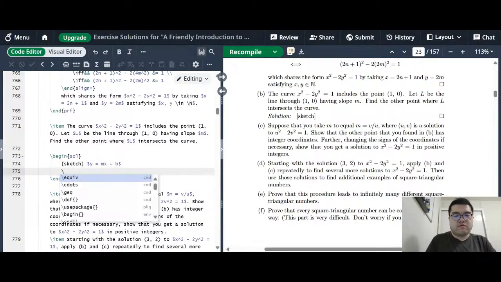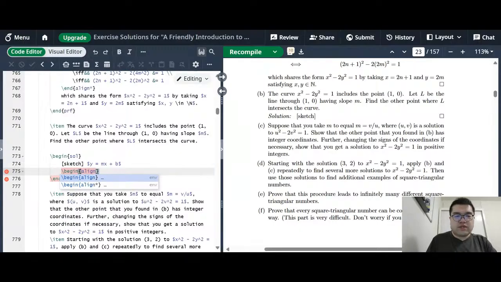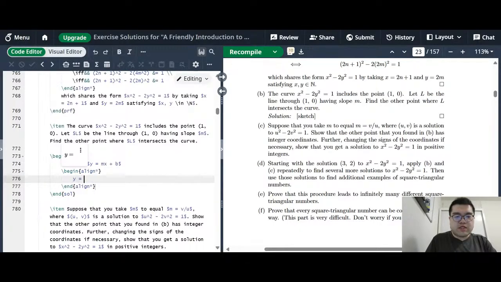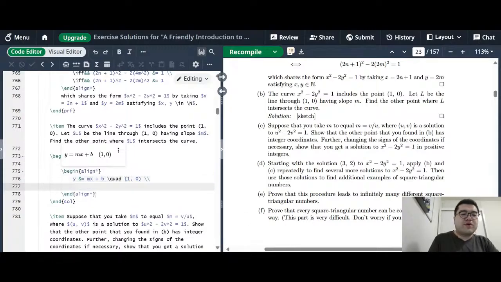Now notice that it passes through the point (1, 0), right? So in this case, we know the x-intercept of the linear equation. Then we can substitute in to find out what the y-intercept is, in terms of m.